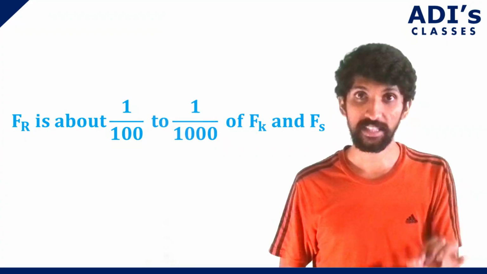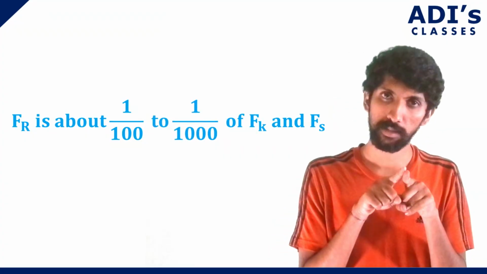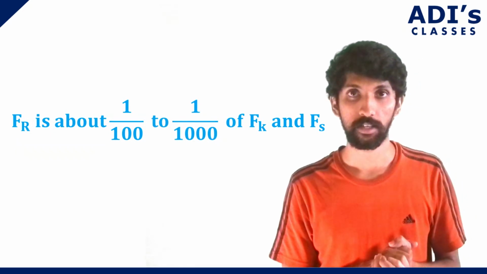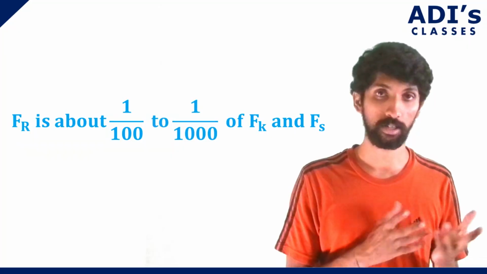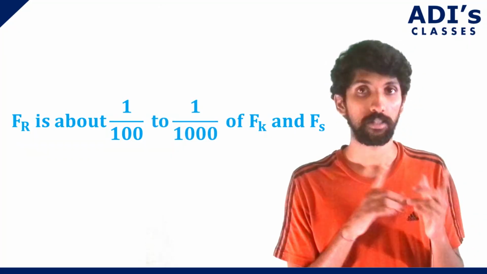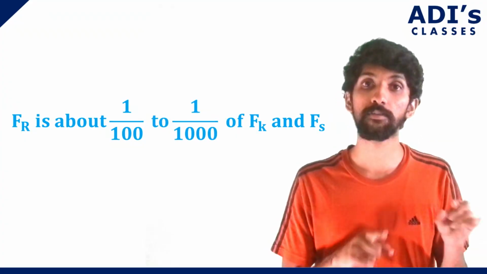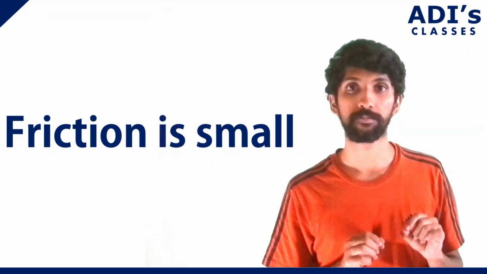At any instant of time, only a very small area of the cylinder is in contact with the surface, correct? Unlike static or kinetic friction, where a huge area is in contact. That's not the case in rolling friction. Since we have a very small area in contact, the friction becomes very small.